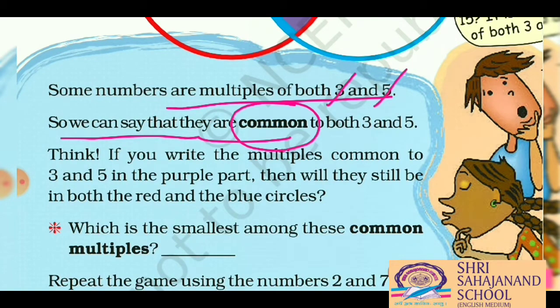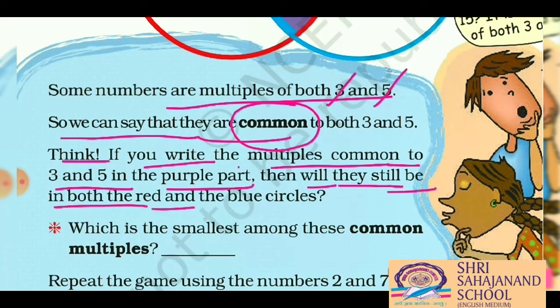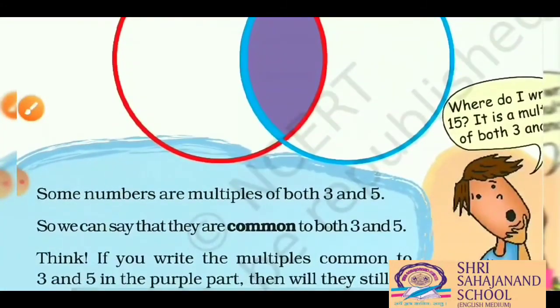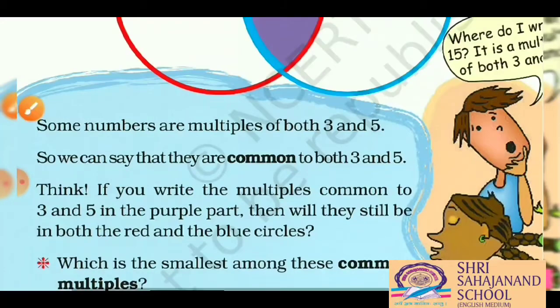Next, if you write the multiples common to 3 and 5 in the purple part, will they still be in both the red and blue circles? Yes, they may be, because they are multiples of the numbers 3 and 5. So separately you can write, and only in the purple part you will write the common multiples.